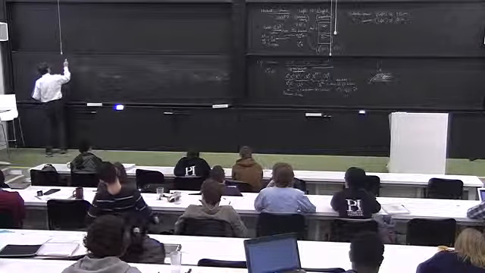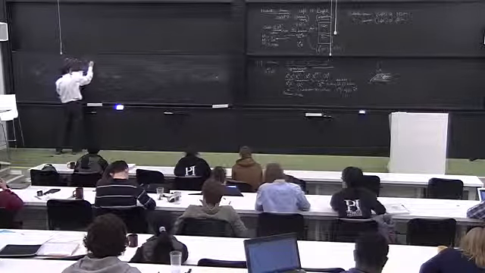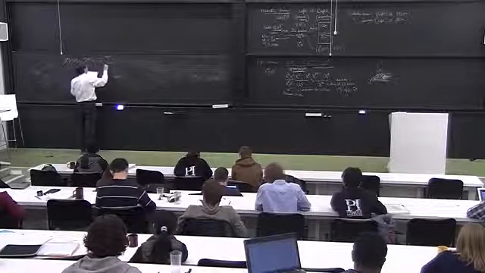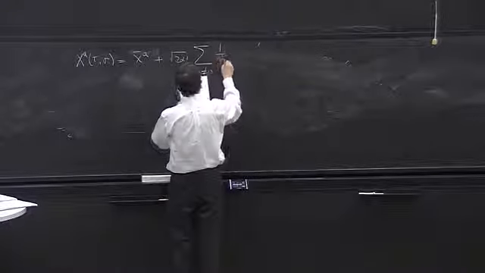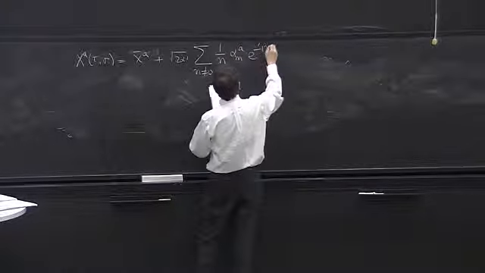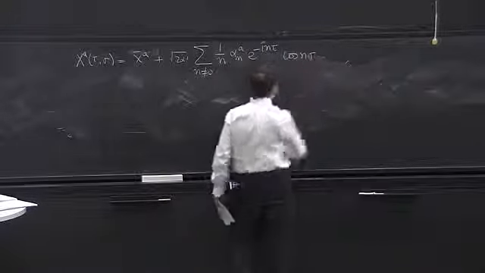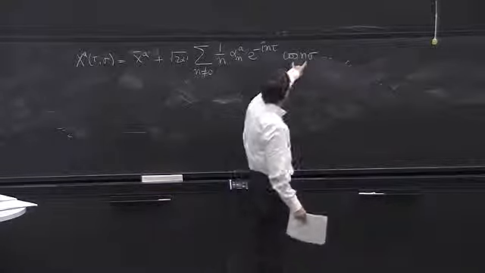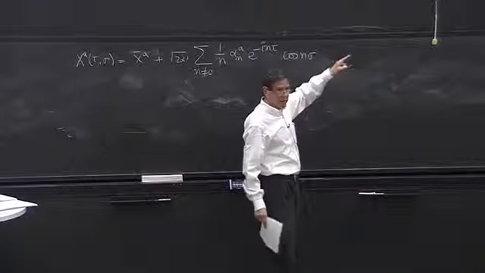If we use the boundary conditions, we find that the most general expansion is the following: x^a plus square root of 2 alpha prime, sum over n different from 0, 1 over n, alpha_n^a, e to the minus i n tau, and we used to have cosine of n sigma. That was good because the derivative with respect to sigma was sine and vanished at the ends. But that was a case of free boundary conditions.